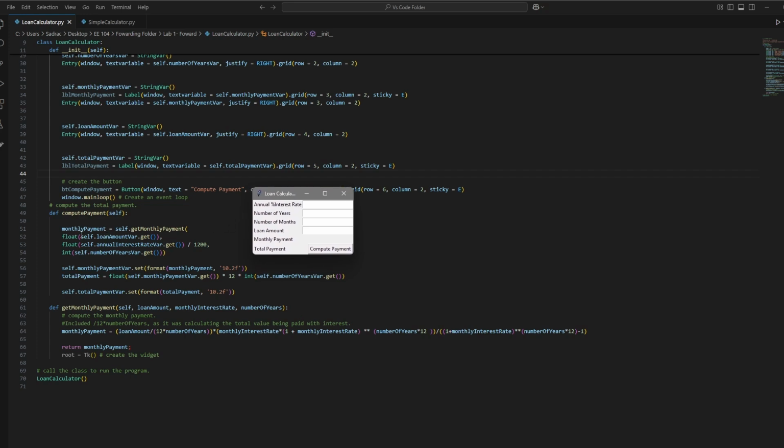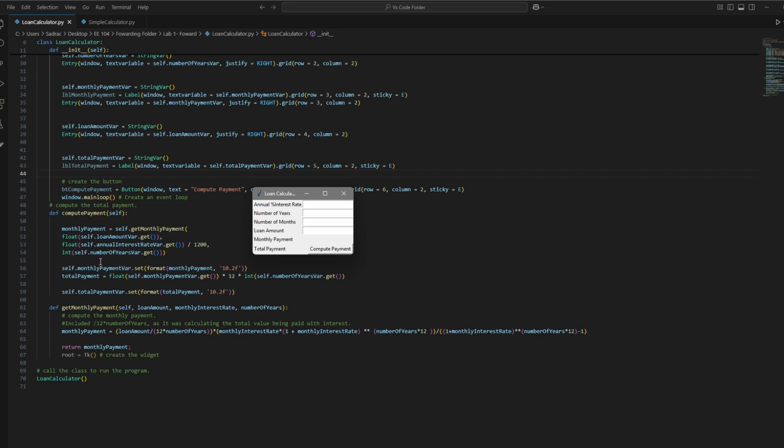So we would be taking several self entries, such as the monthly payments, the number of months, number of years, interest rate. And we would know that the loan amount and the interest rate can be floating values, because they won't be integers.